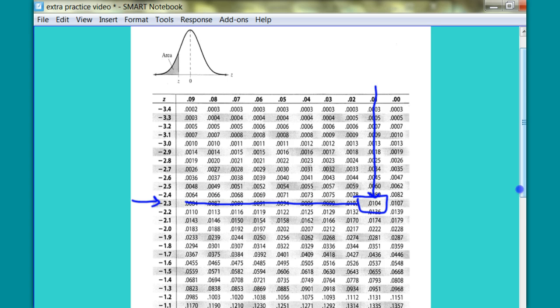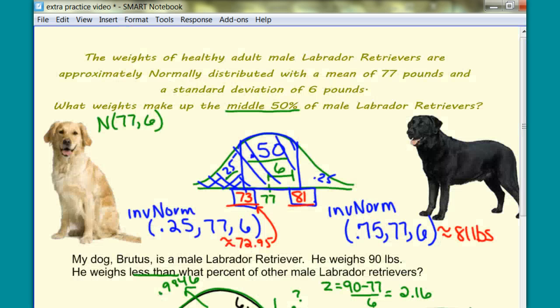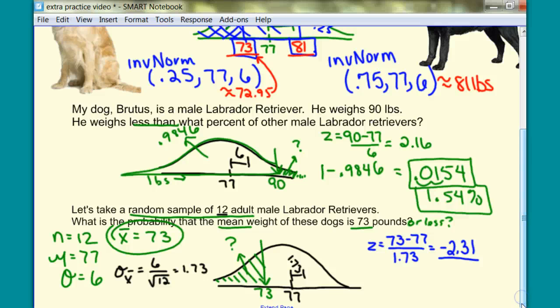My area there is 0.0104. So back down here, this area, 0.0104, tells me that the probability of getting 12 dogs to average 73 pounds happens only in approximately 1% of the samples of size 12.